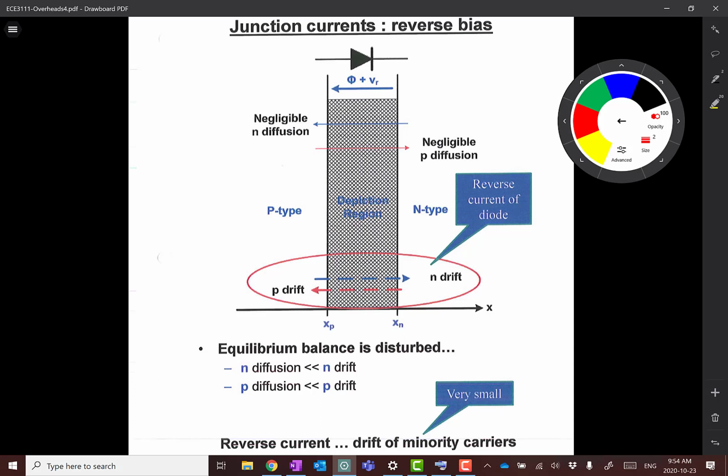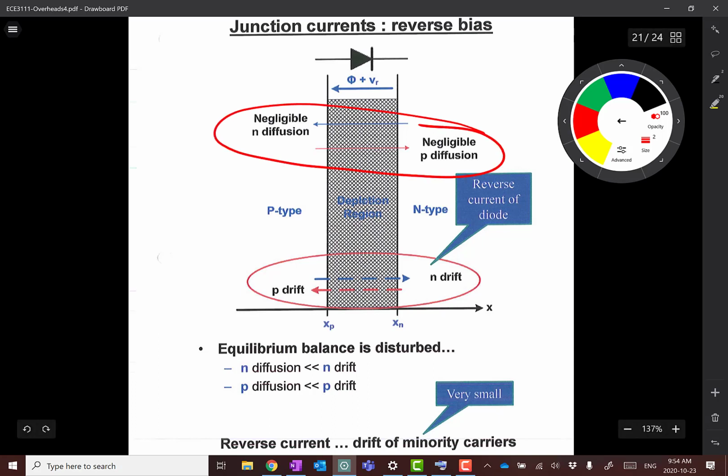Okay, so due to that increase in effective junction potential, the diffusion component of the current that was under zero bias exactly equal to our drift current, this diffusion current becomes nearly negligible.